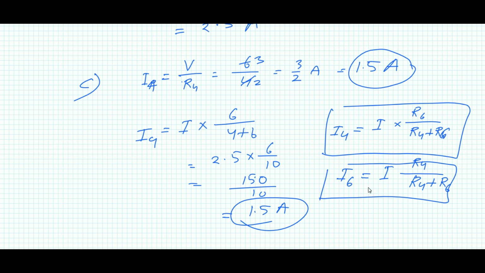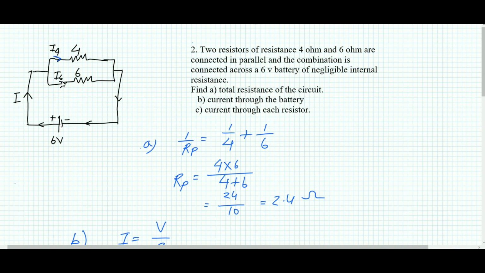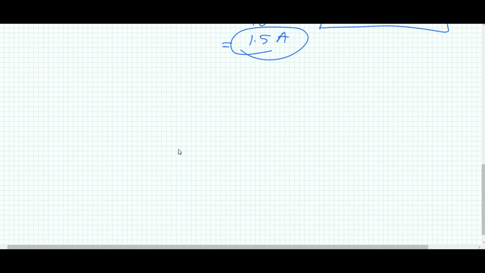If we know any one of these currents and the main current, we can also calculate like this, because I equals I4 plus I6 for a parallel combination. The currents of each arm add up to give the main current.